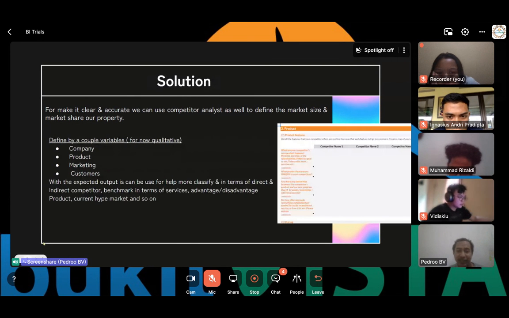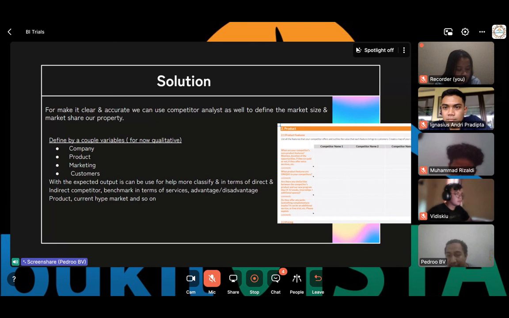So the solution is to make it clear and accurate, we can use competitor analysis by defining a couple of variables. For now, in my setup, it's available for qualitative. The variables are company, product, marketing, and customer.